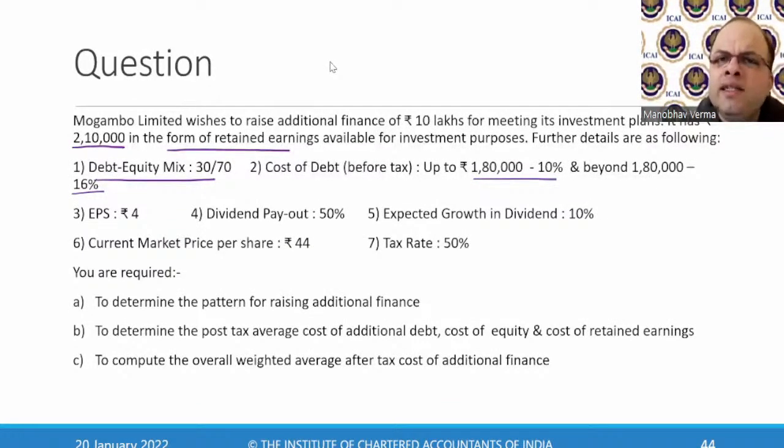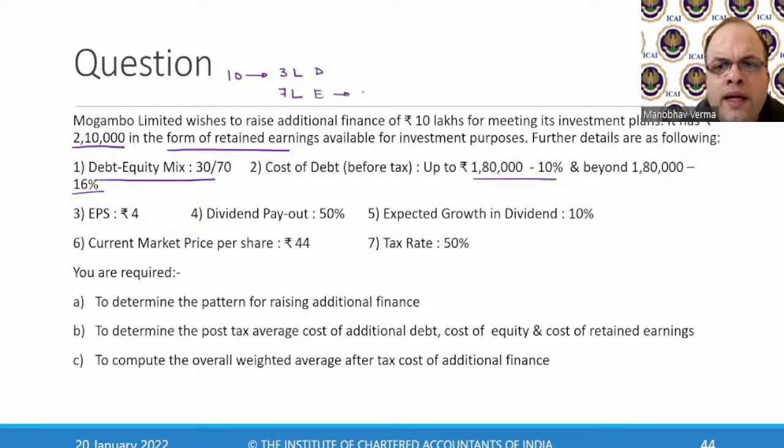Who will tell me the additional finance pattern? We have already tried a couple of questions on this, isn't it? So 10 lakhs, we are looking at 3 lakhs debt, 7 lakh equity.